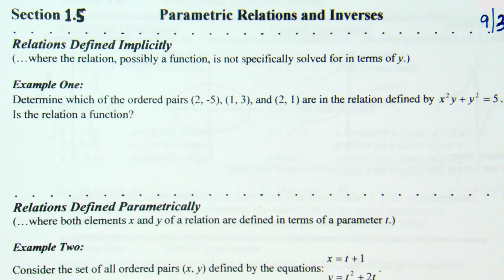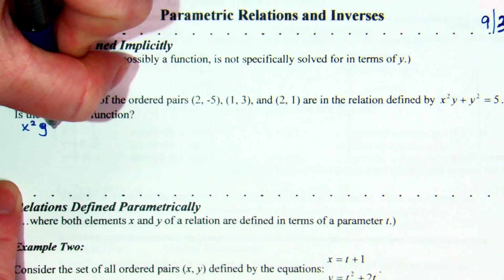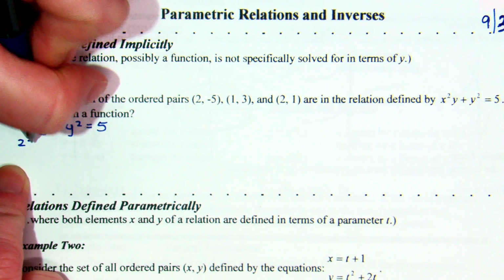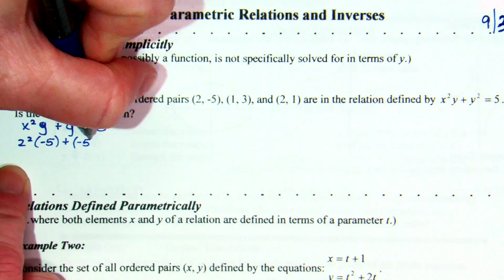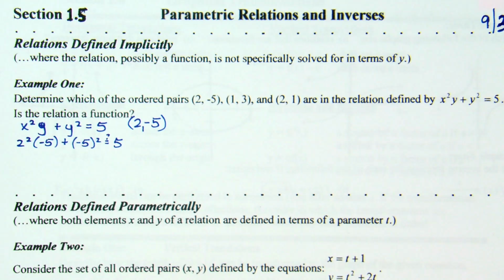So if we try the first one, what's the first one? 2, negative 5. So if my equation is x squared y plus y squared equals 5, that means in place of x, I'm putting 2 squared times y, which is negative 5, plus y squared, so plus negative 5 squared. And our question is, does this equal 5? So 2 squared is 4 times negative 5?